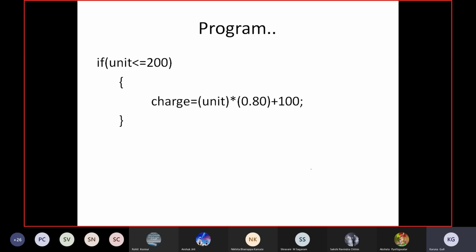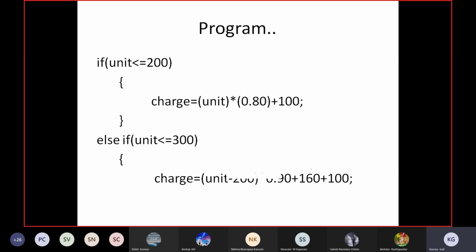If it is lesser than 300, then charge is equal to unit minus 200 into 90 paisa plus 160 for the first 200 units plus 100 rupees as minimum meter charge. Whatever algorithm I have written, I have just translated into a program. There is no change at all.